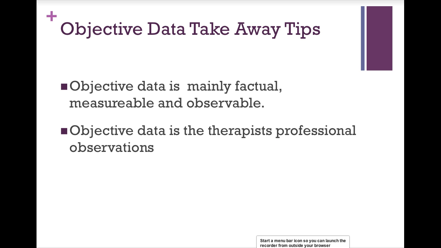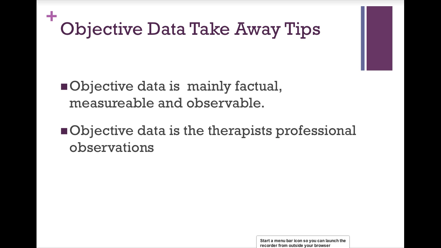Some examples of objective data might be focusing on mental health and mood status, the client's motivation level, their behavior, what you can see and observe and measure, physical health, emotions and affect, their level of functioning, and any personality issues. In other words, many of the same criteria used in your DSM-5 diagnosis.